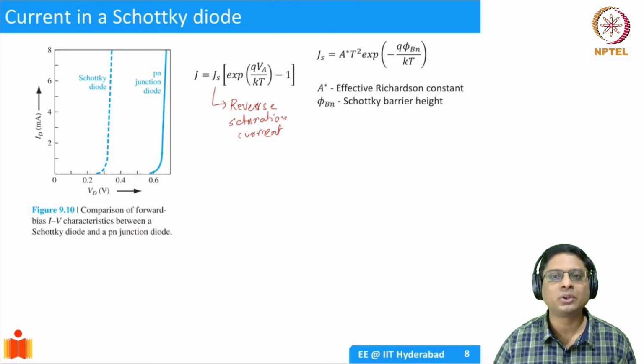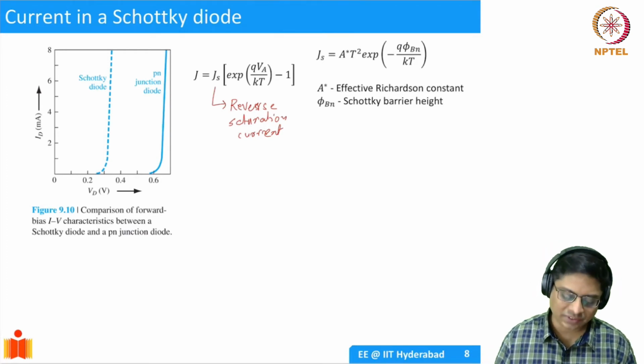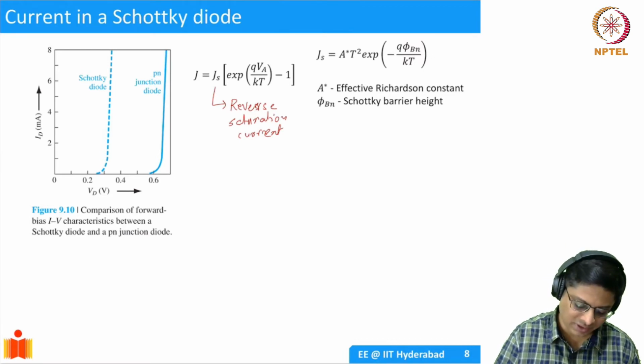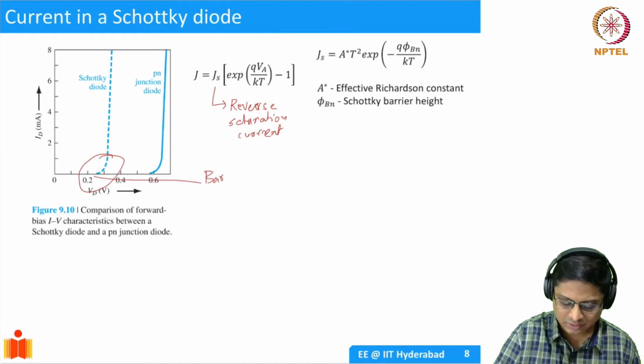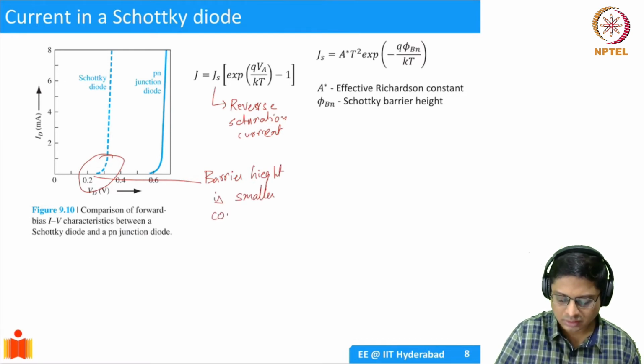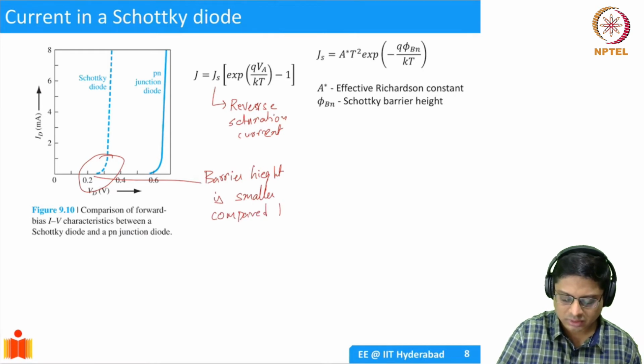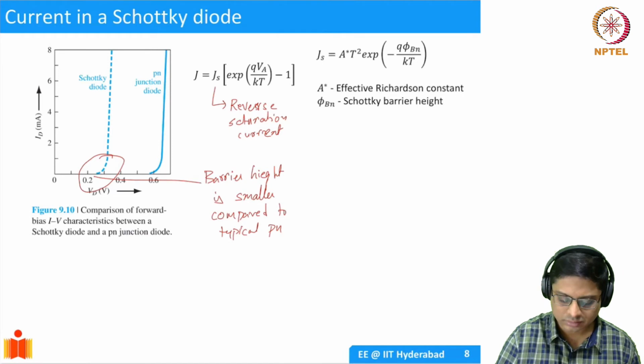So the forward bias IV characteristics look very similar. The only difference is that the barrier height is much lower here, typically in the 0.2 to 0.3 range. The barrier height is smaller compared to typical PN junction diodes.